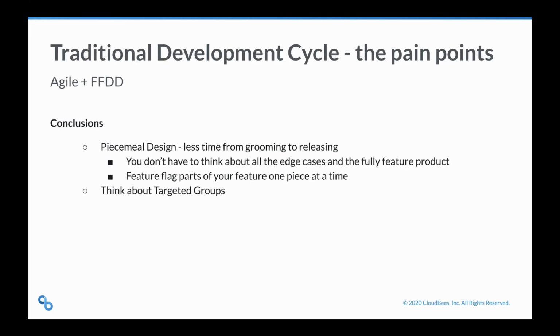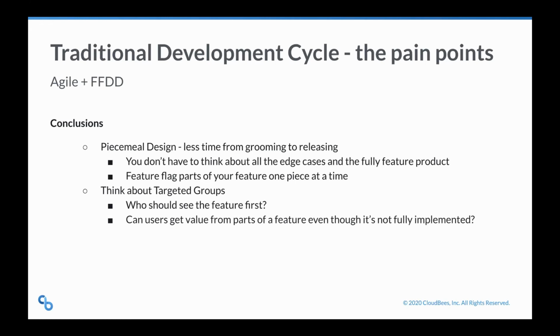The next point is think about targeted groups. So who should see the feature first? Can users get value from parts of a feature even though it's not fully implemented? So going back to my subscription feature story that I was talking about, can you build one piece of the feature so your users, your customers, can get immediate value out of it?